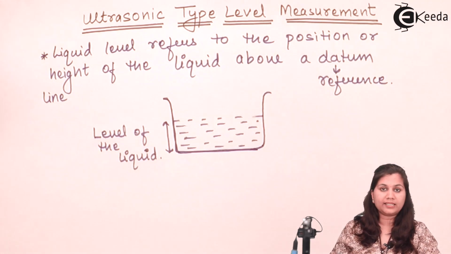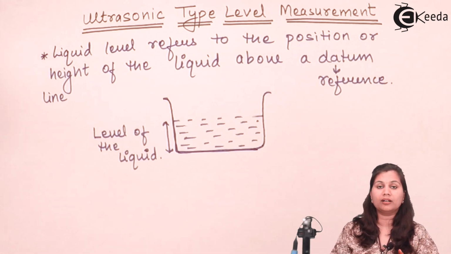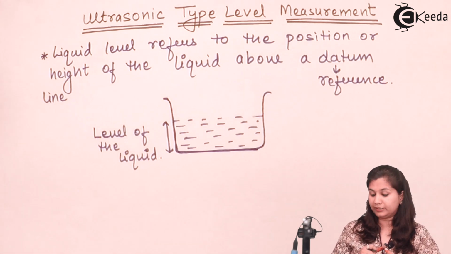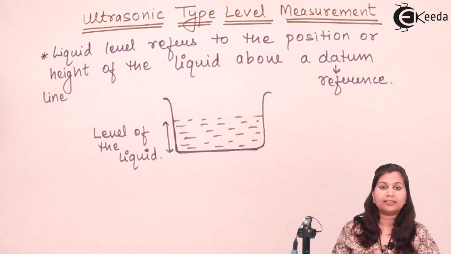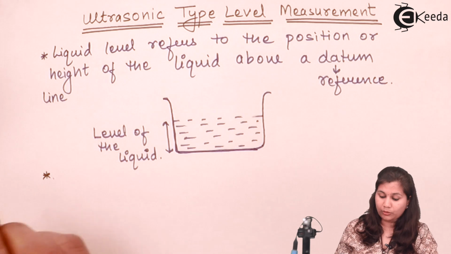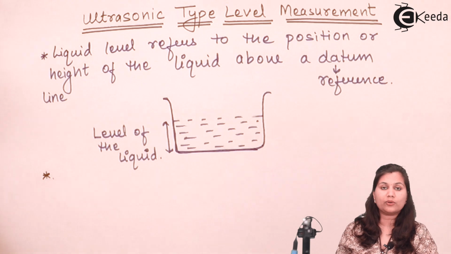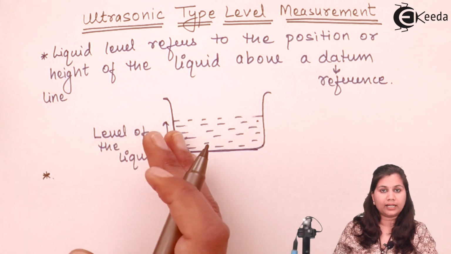So through this you can see that the measurement of the level of the liquid is a very important function in industrial processes, because there we want to find out the level of the chemicals, the level of the solvents, the level of the different gases and the different solid materials also. Now this liquid level does not only affect the amount of the liquid, but it also affects the pressure and the rate of the flow in and out of the container.